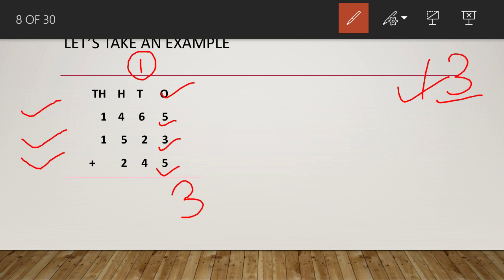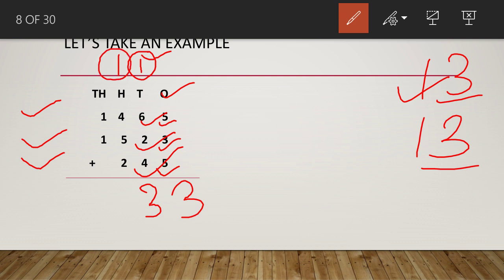Now we will add all the numbers which are at the tens place, and the numbers are 1, 6, 2, 4. So the sum will be 13. Now we will write 3 at the tens place and we will put 1 at the hundred place as carryover. Now again we will add all the numbers which are at the hundred place.